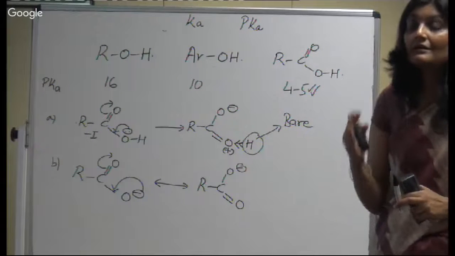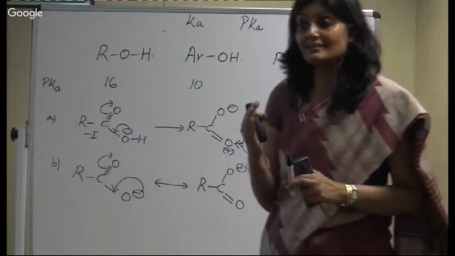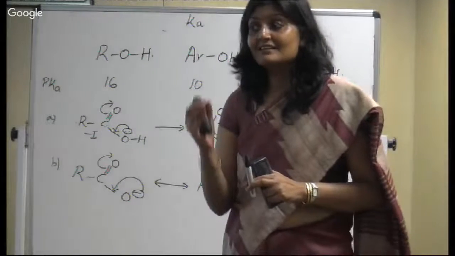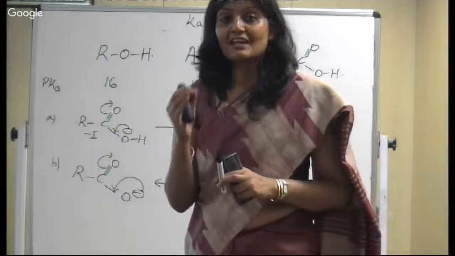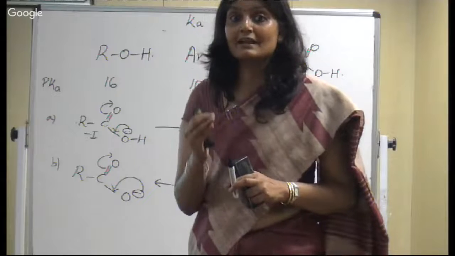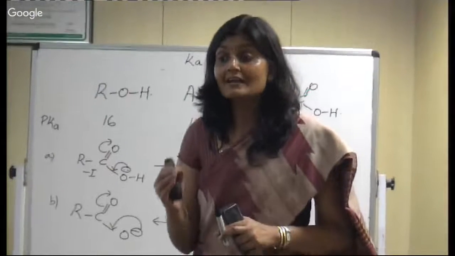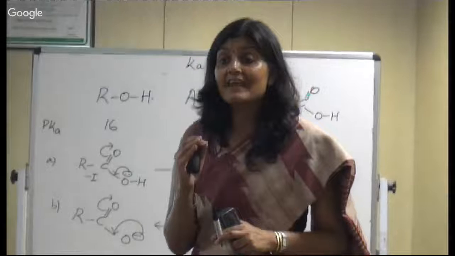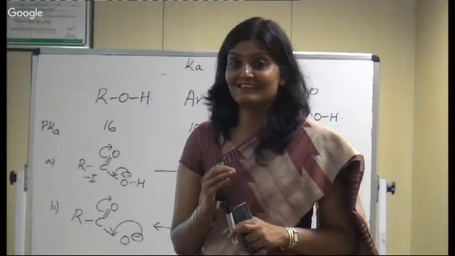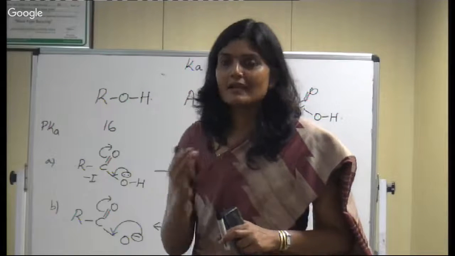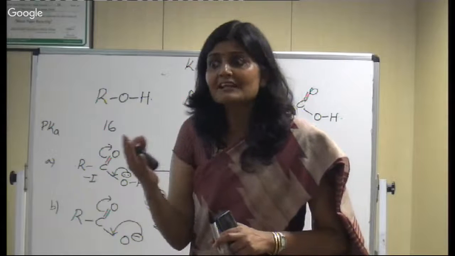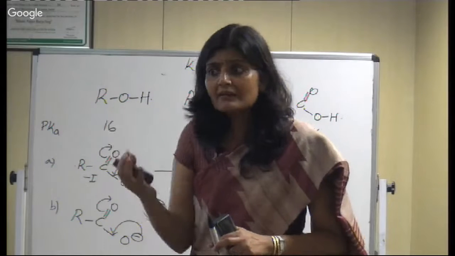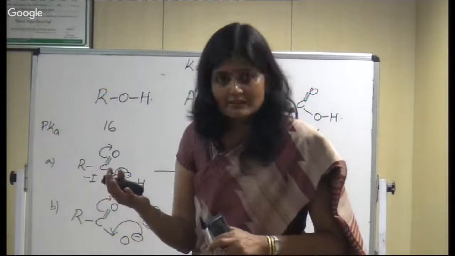The third very important point here is that the negative charge in case of the carboxylate ion is residing on the highly electronegative oxygen, right? If the negative charge resides on the electronegative atom, it will be more stable, right?